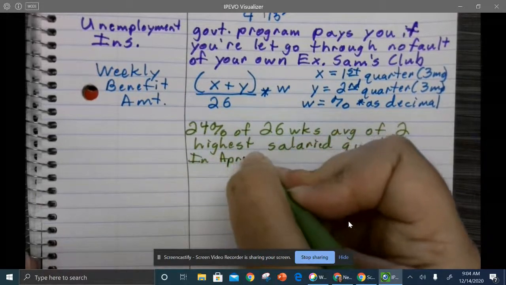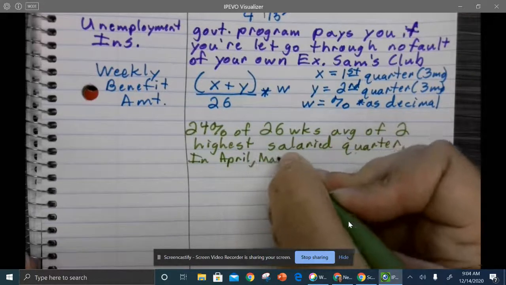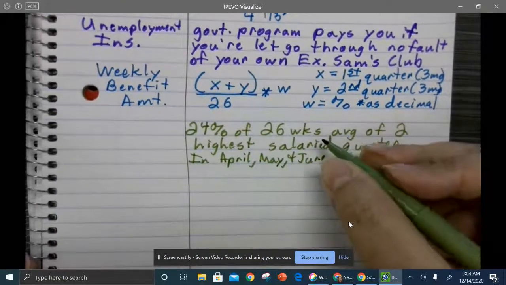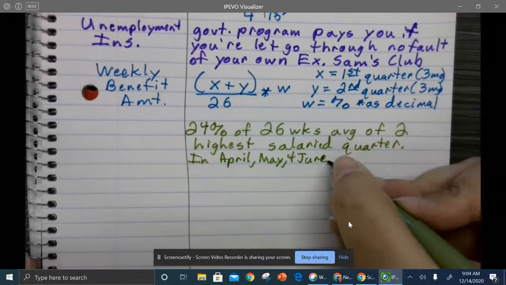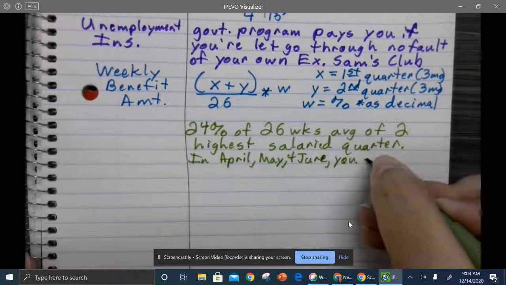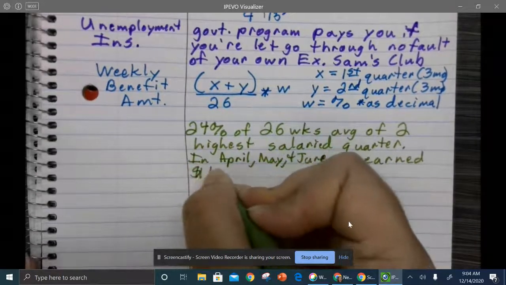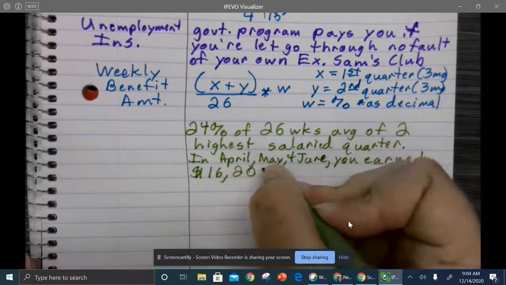In April, May, and June, you earned $16,200.